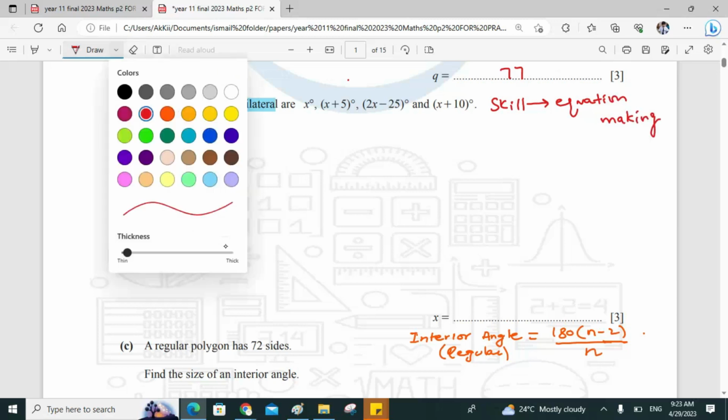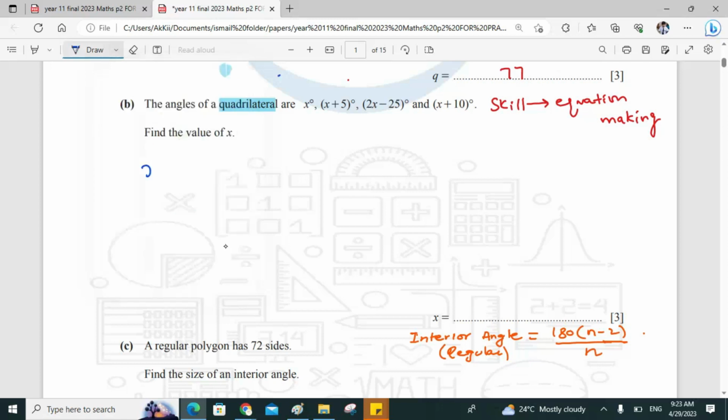So you simply make the equation, that is x degrees plus x plus 5 degrees plus 2x minus 25 degrees plus x plus 10 degrees must be equal to 360 degrees.